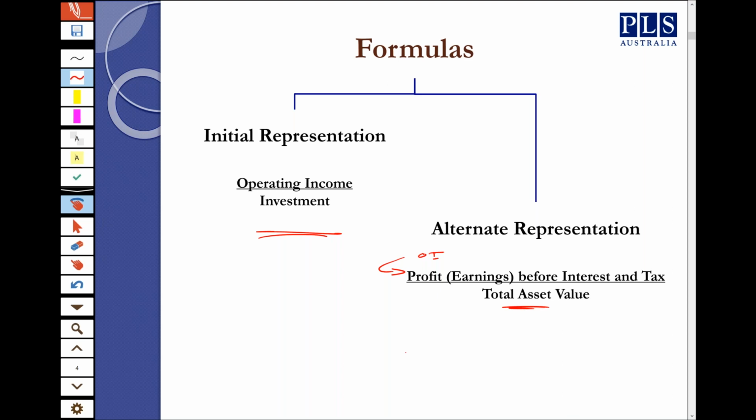Now, this is where I'm going to highlight Management 315, that question that I identified. What was curious was that the Institute used the language of earnings before interest and tax and total asset value, and any number of candidates complained post the exam, how were we meant to calculate return on investment if you didn't give us operating income or investment in the background facts?